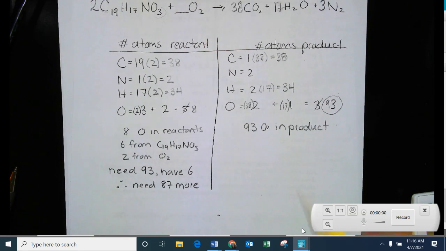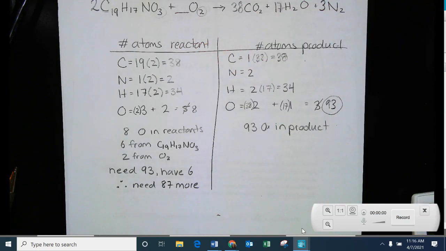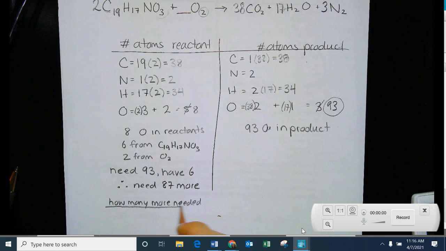Now, because we've got O2, what we're gonna do is just take how many more we need over our subscript for oxygen.